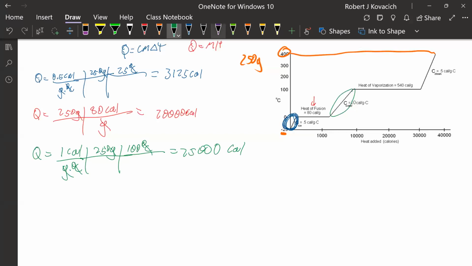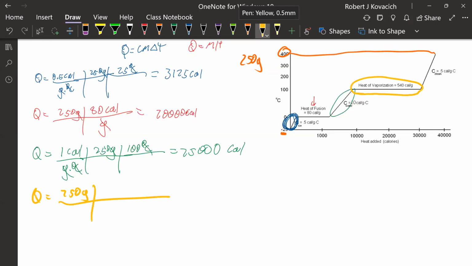All right. And so then next thing that's happening is we're going to boil the water. So that's going to be 250 grams, and we're going to use the heat of vaporization. And in this case, the heat of vaporization is 540 calories per gram. So you can see that the heat of vaporization for boiling is much higher than the heat of fusion for melting.